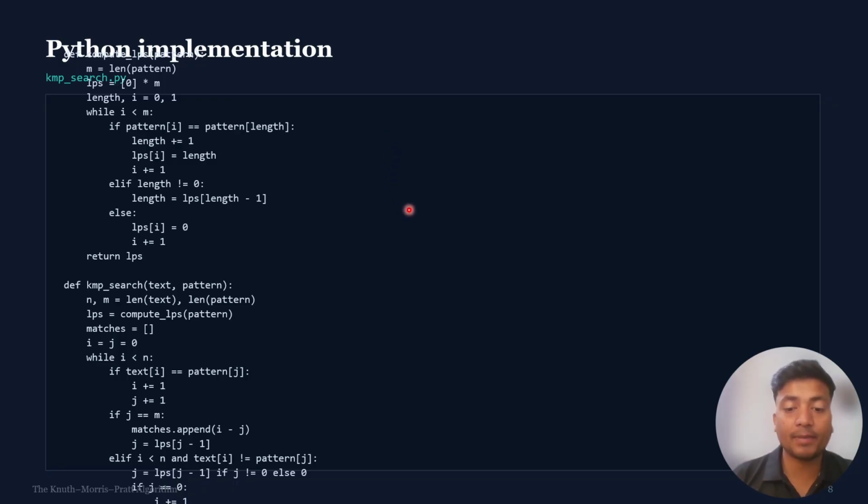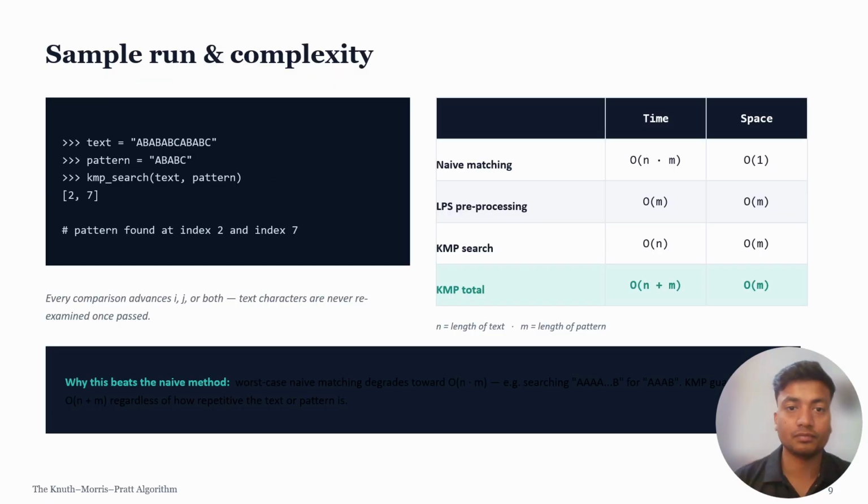Whenever the pattern is found, its start index is stored in a result list. This implementation follows exactly the two-step process that we discussed earlier. So let us continue from the next slide.